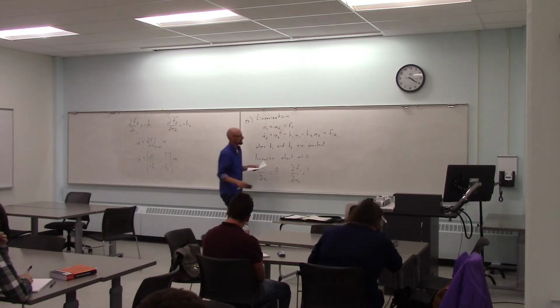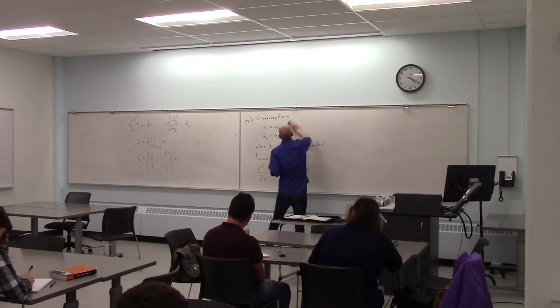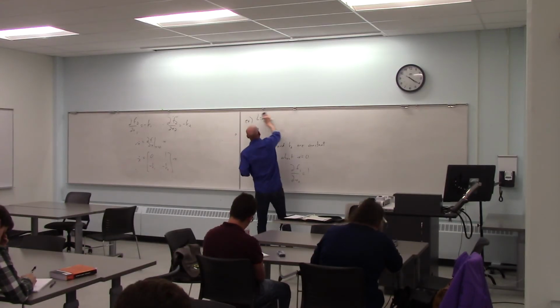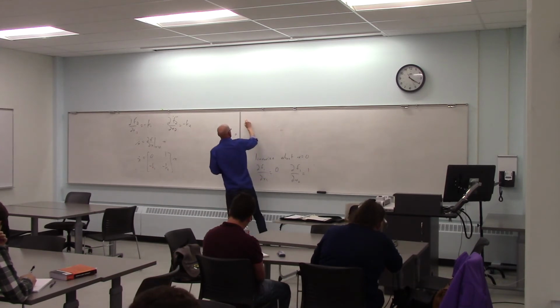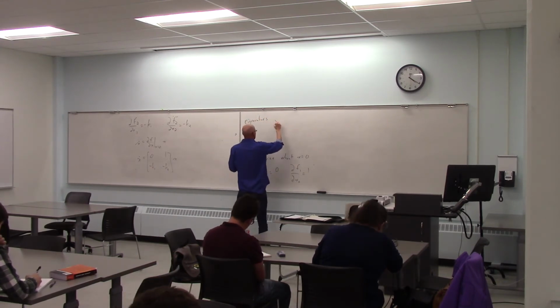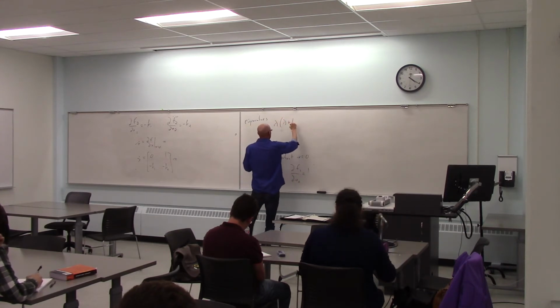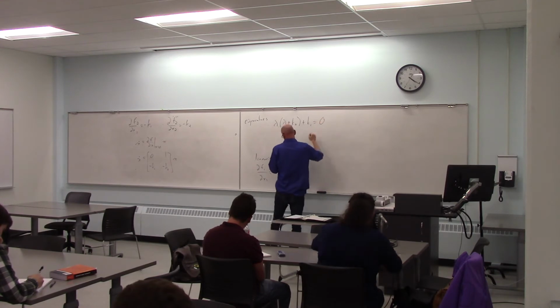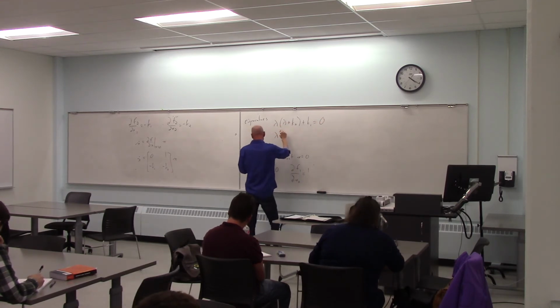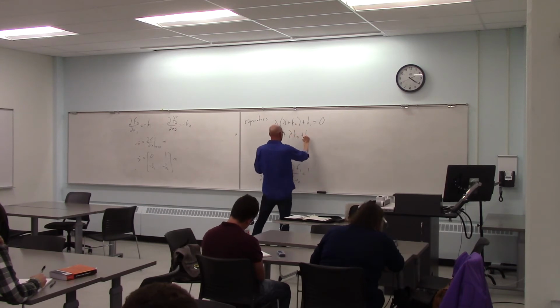So if I'm going to calculate the eigenvalues, I have lambda times lambda plus k2 plus k1 equals 0. To calculate what my eigenvalues are, I get lambda squared plus lambda k2 plus k1 equals 0.